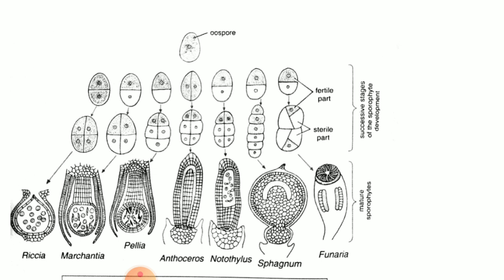In this way, the cap becomes detached and the remaining portion of the wall splits irregularly into 4 to 8 teeth-like structures. Due to the sudden elongation of the seta, the wall of the mature capsule splits longitudinally from apex to middle. The masses of spores are loose in state, and the elaters help their dispersal in different directions.